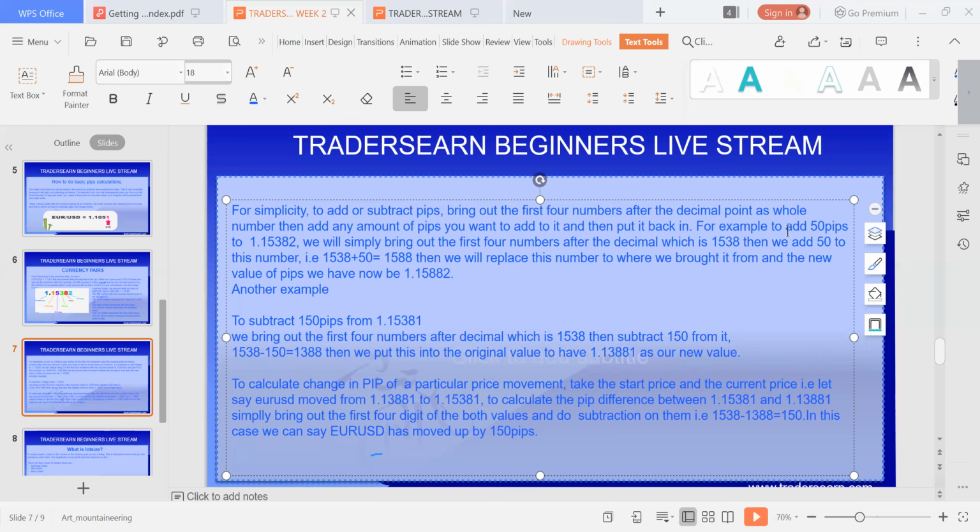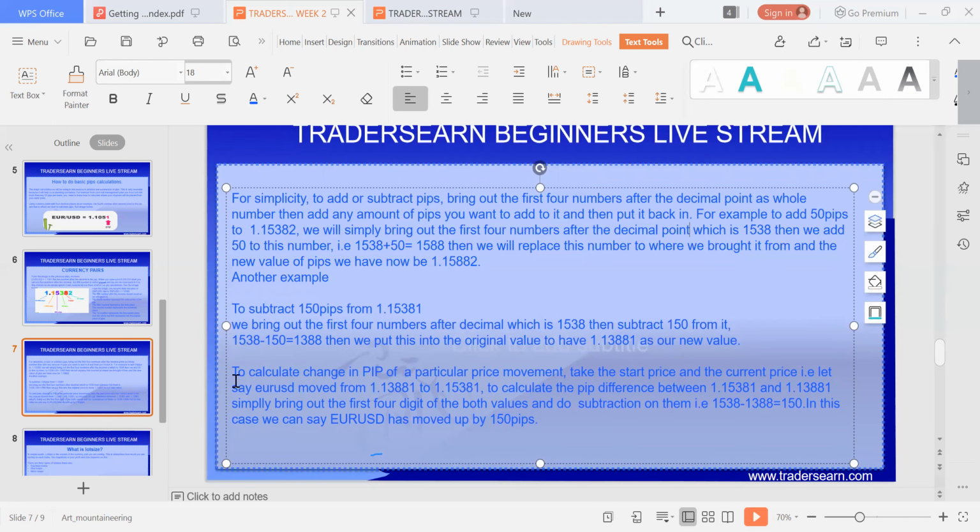For example, to add 50 pips to this number, we simply bring out the first 4 numbers after the decimal point, which is this. Then we add the new value of pips, and it will give us this. I already gave an illustration of this example, you can read it up.